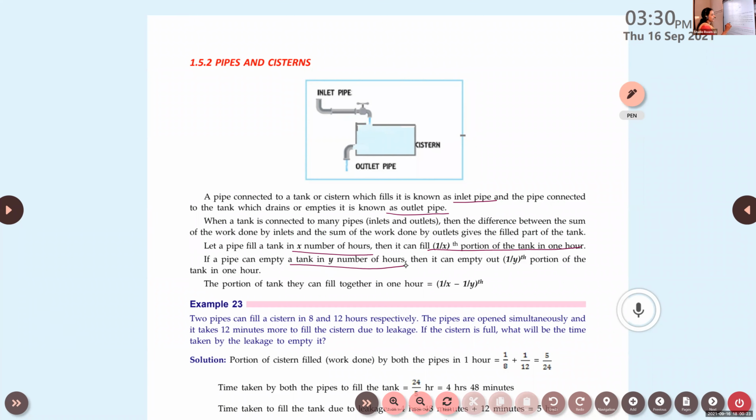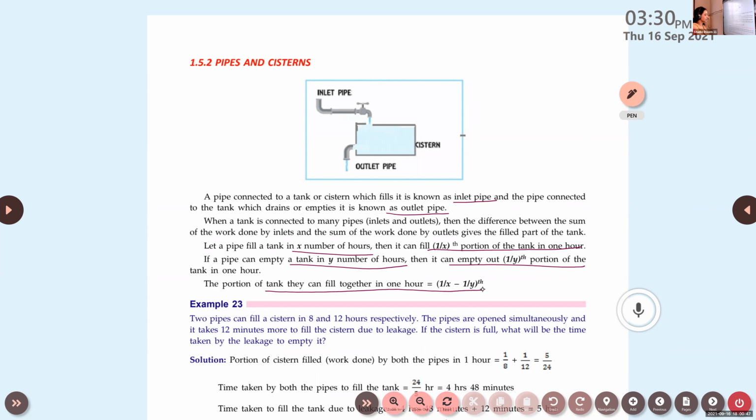Similarly, suppose it takes Y hours to empty the tank, it empties 1 by Y in 1 hour. So if both are kept open, the portion of the tank filled will be 1 by X minus 1 by Y.